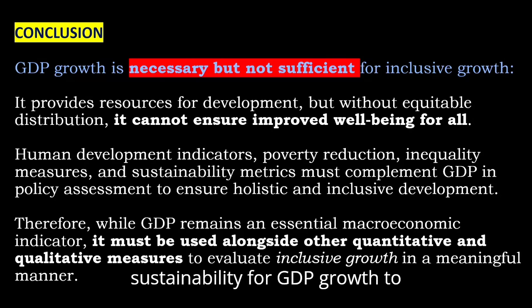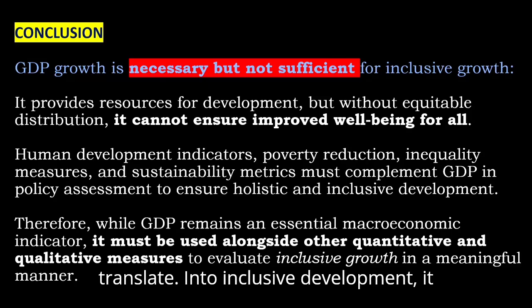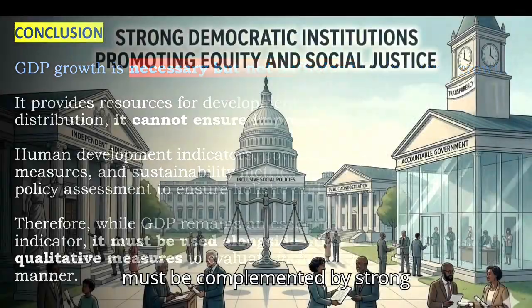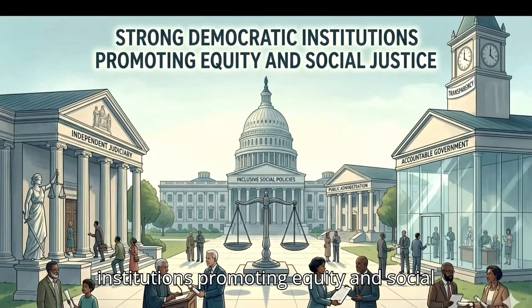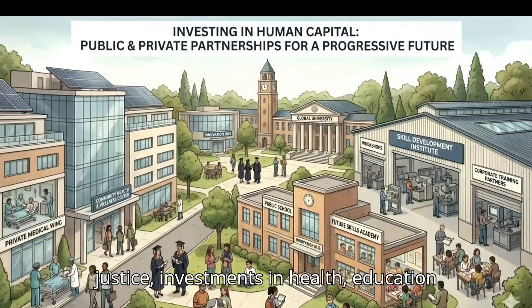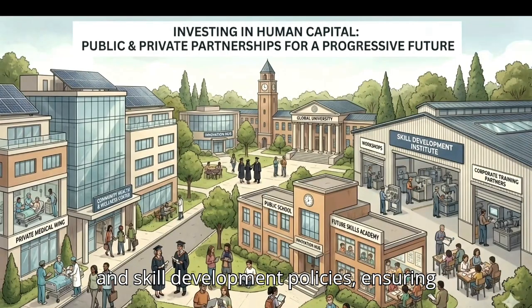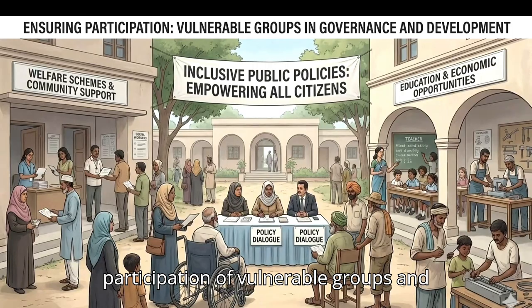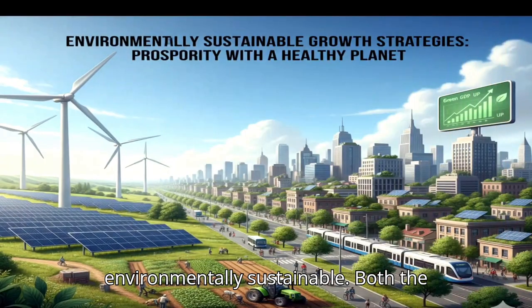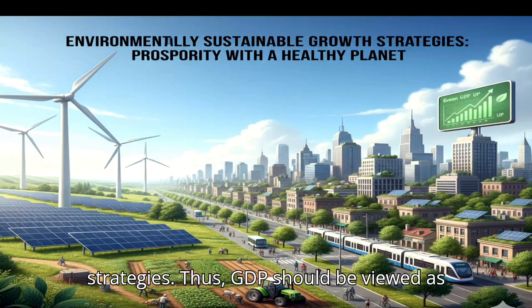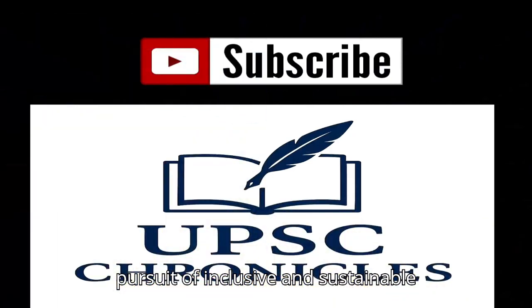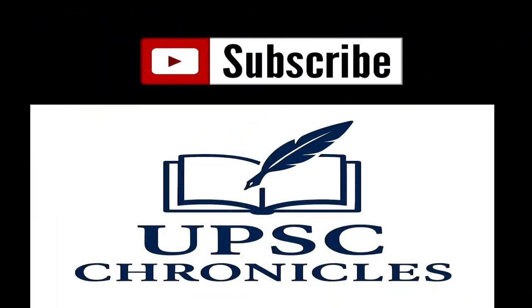For GDP growth to translate into inclusive development, it must be complemented by strong institutions promoting equity and social justice, investments in health, education, and skill development, policies ensuring participation of vulnerable groups, and environmentally sustainable growth strategies. Thus, GDP should be viewed as a means, not an end, in the pursuit of inclusive and sustainable development.